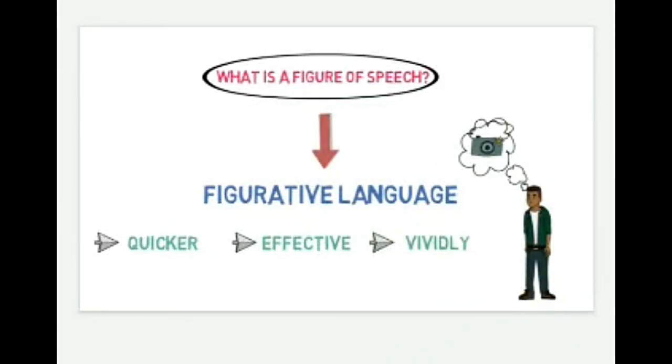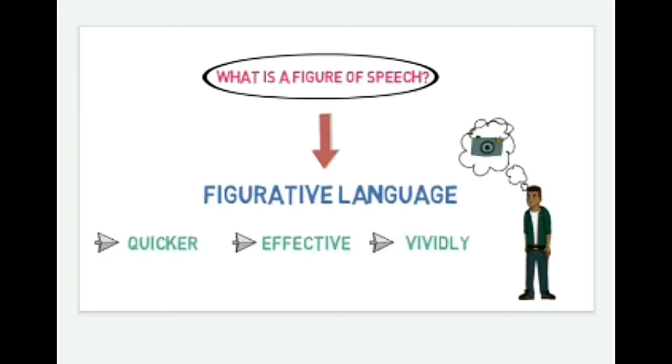After punctuation, we will look at figures of speech, and we are going to revise the 7 types of figure of speech. What is a figure of speech? Can anyone tell? Yes, a figure of speech is figurative language which expresses human thinking and imagination quickly, effectively and vividly.